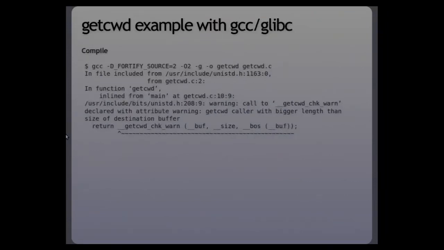If we compile this with fortify source, then the compiler already gives a warning. The warning message is somewhat confusing if you don't know which tricks are being used, which is kind of a bummer.